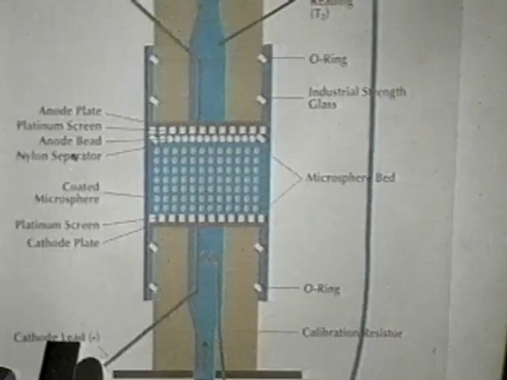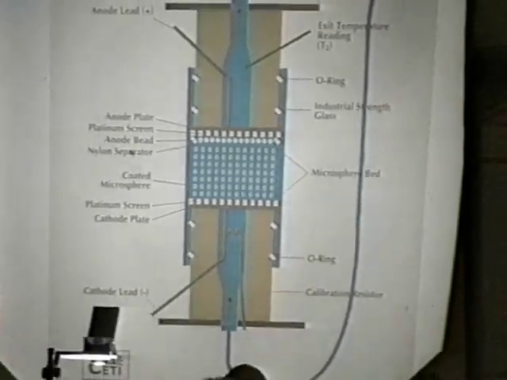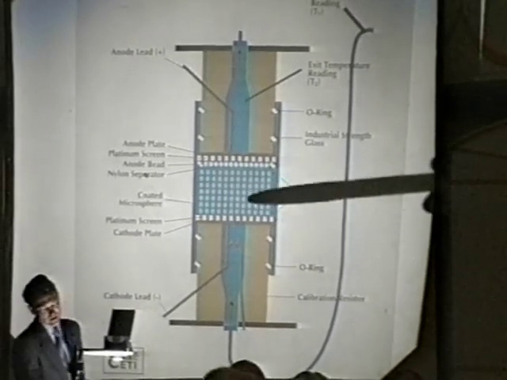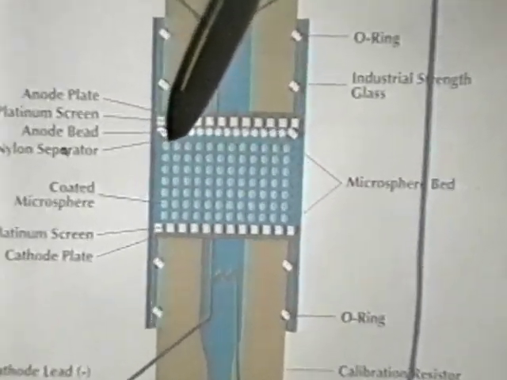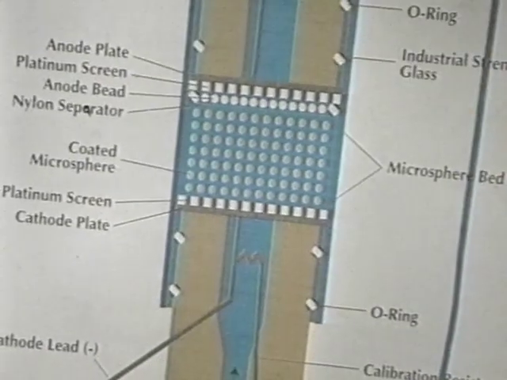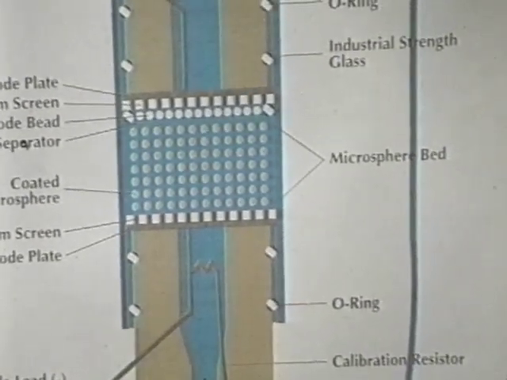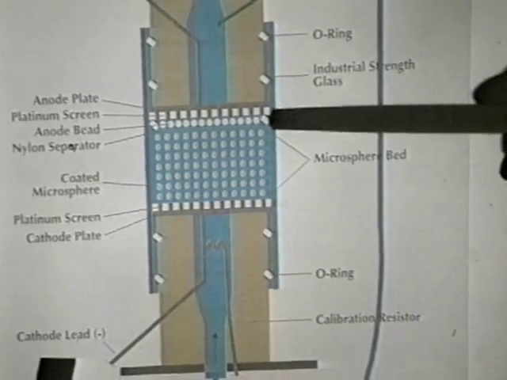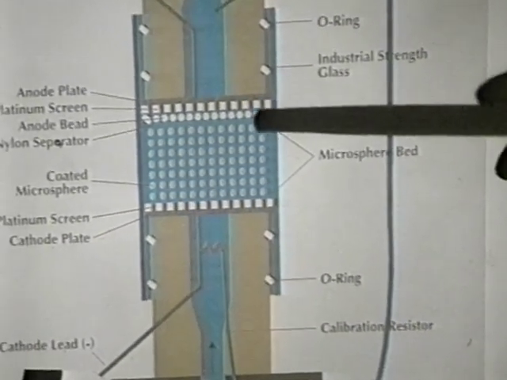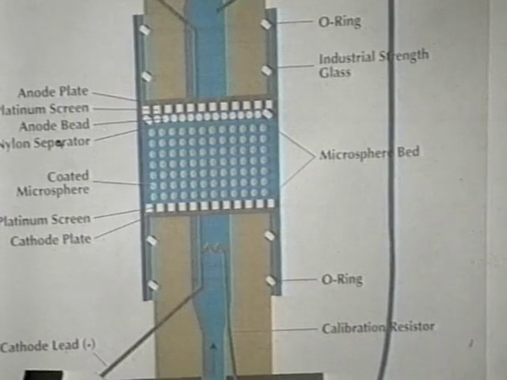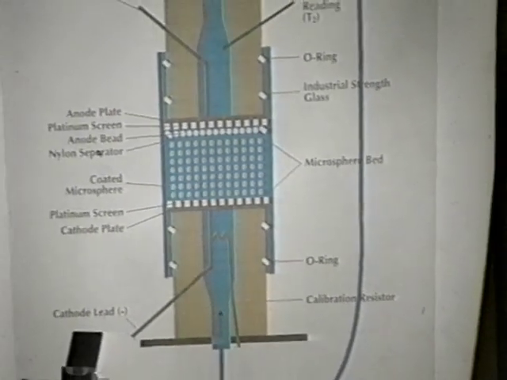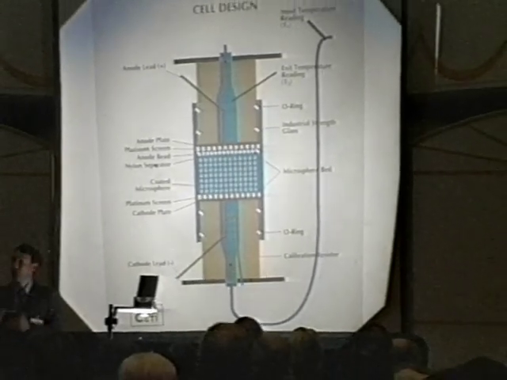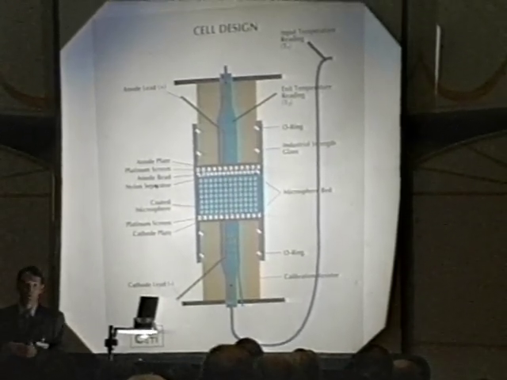The cell itself, this is a little different than in the large poster out there. The beads are in this location, and there is a nylon separator, similar to nylon stocking, but it's a formalized separator. But that means that the gap between the anode and the cathode is very small. The benefits of having a small distance is that you're not losing a lot of joule heating into the bulk of the solution.